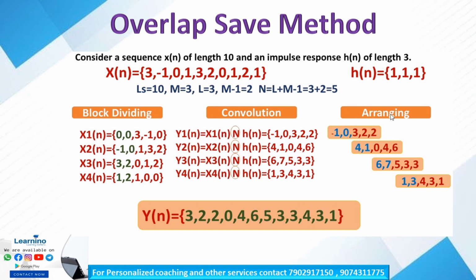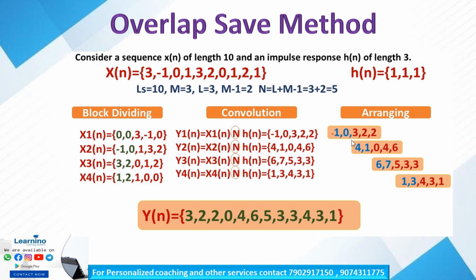And the last stage is arranging these circular convolution results. We have to arrange them in a particular manner, so here it is demonstrated. What we have to do is reject the first m minus 1 points, that is 2 points, from each of the convoluted results.